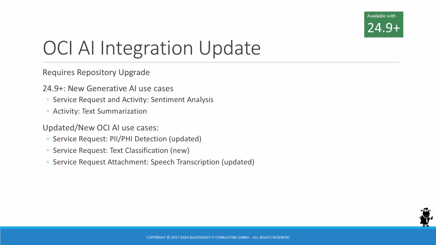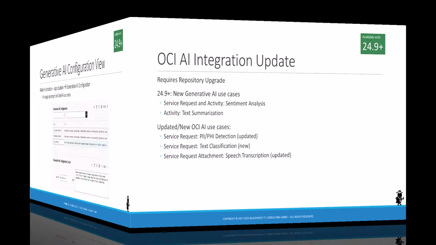The existing use cases for PII, personal identifiable information, and speech transcription have been enhanced. Thanks to OCI side enhancements, PII extends to PHI, personal health information, and supports masking of the detected text. Voice-to-text speech transcription for attachments now supports a broader range of audio and video file formats.